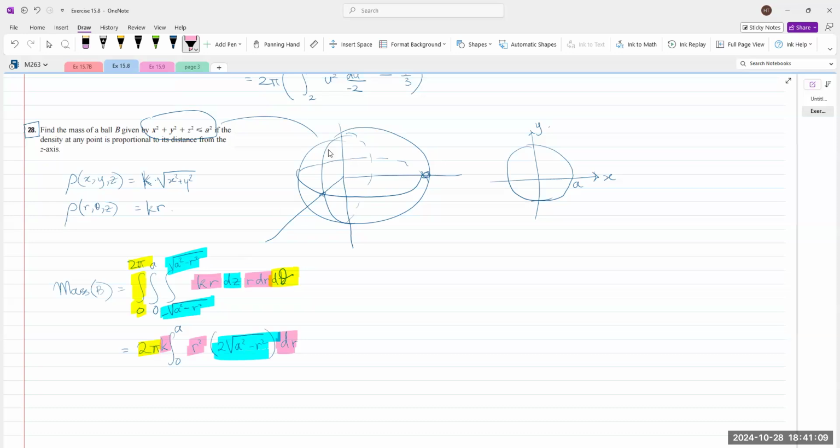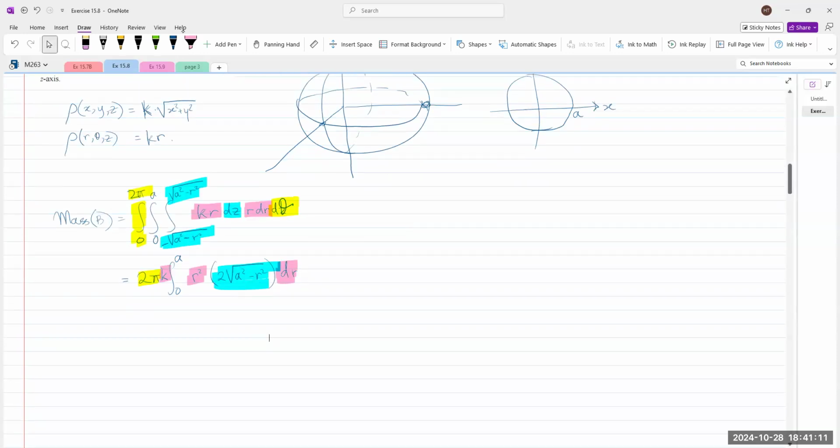Oh, seems like I cannot avoid doing trig substitution. So let r equal, let's say, a sine theta. Don't use sine theta, you may confuse it with that theta. Sine alpha then. So dr equals a cosine alpha d alpha.